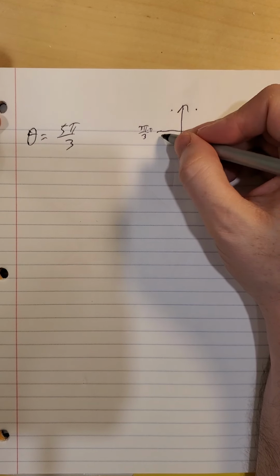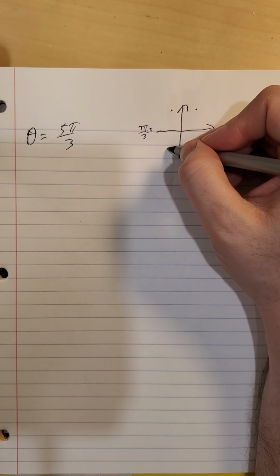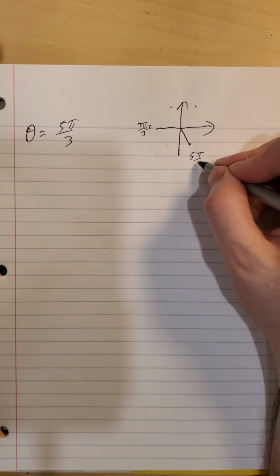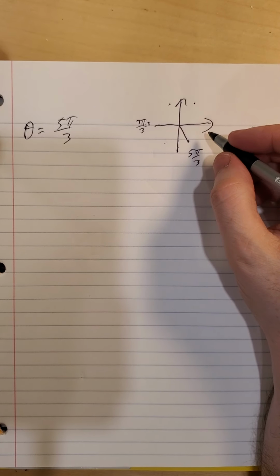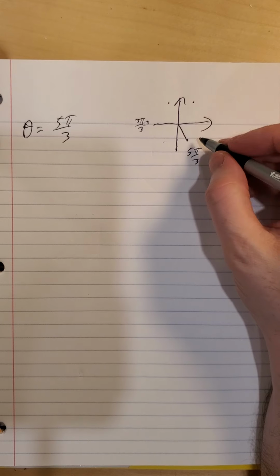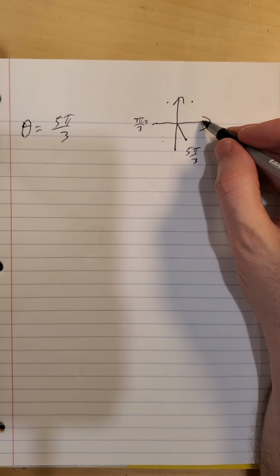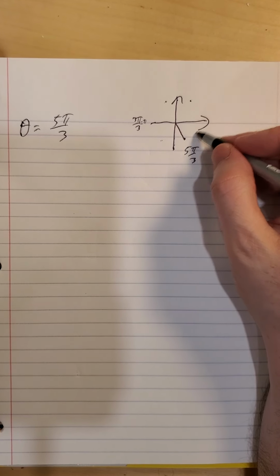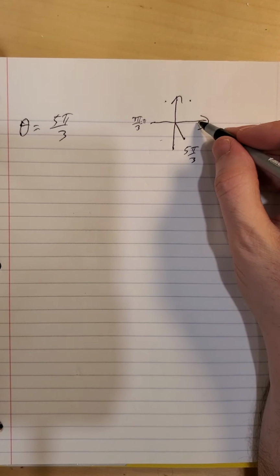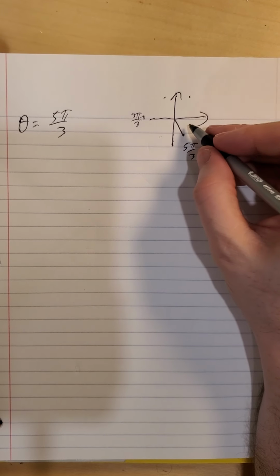60 more, so 2 more clicks. So that is 4 pi over 3, 2 more, and we're down here. And this is 5 pi over 3. And if we added 1 more pi over 3 to that, we'd be at 6 pi over 3, which is 2 pi, which is also the 0.